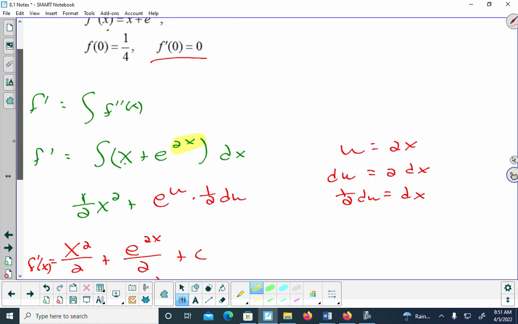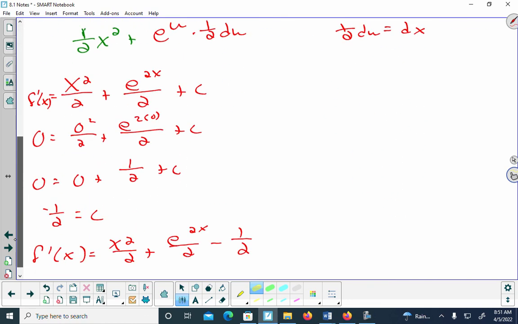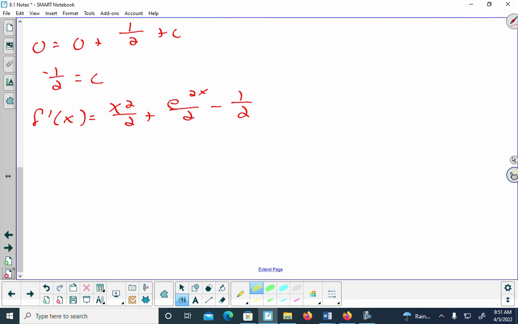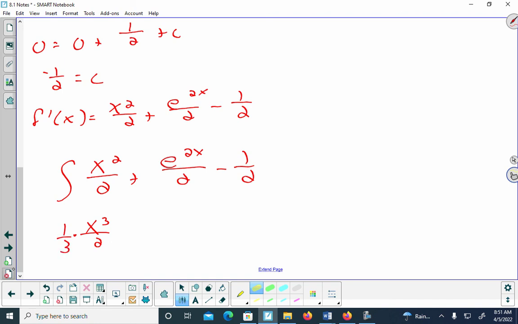Now I want to find the original function, so I'm going to take the antiderivative of this. When I take the antiderivative of x squared over 2, I am going to raise that to the third power and multiply by the reciprocal. Then to do this one, my u is equal to 2x. My derivative of u is equal to 2 dx, so 1/2 du is equal to dx.